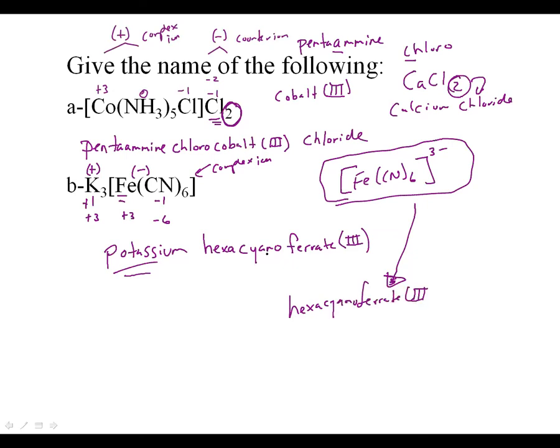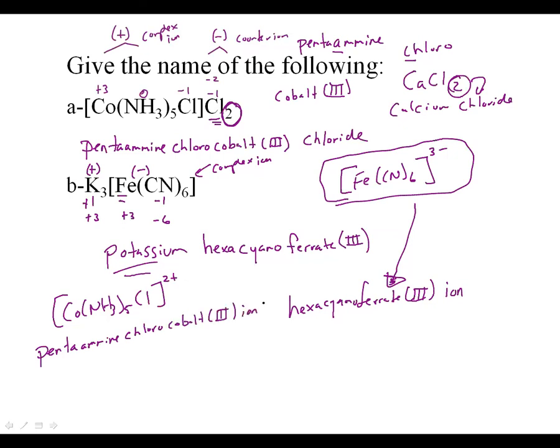Same thing on the one above. If we took the one above and just the complex ion part, which would be this part of it, this would be just the front part of the name, the pentaaminechlorocobalt(III) ion.